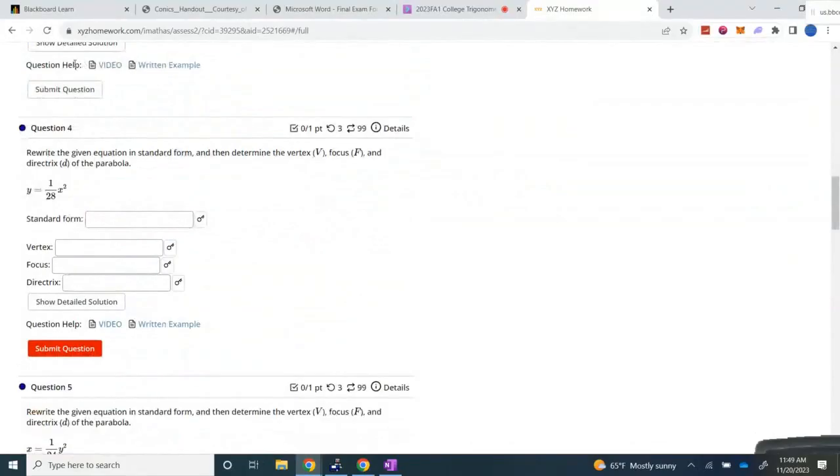Now this is number 4. It says rewrite the given equation in standard form. Then we have to find the vertex, the focus, and the directrix.